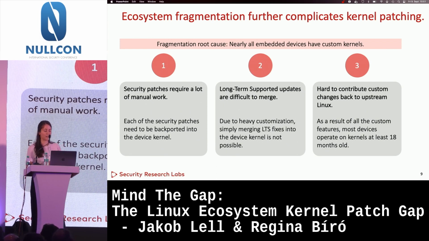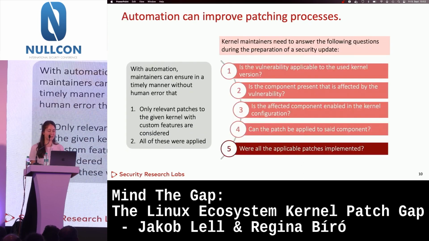That is a lot of work. And this is why long-term supported updates from the mainline kernel are often really hard to merge, and sometimes omitted when it's not possible for the device vendor. And from the opposite side as well, it's really hard to contribute custom changes back to upstream Linux. And as a result, a lot of devices run on already older kernels that are at least 18 months old.